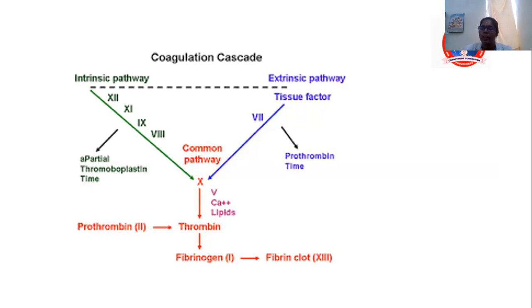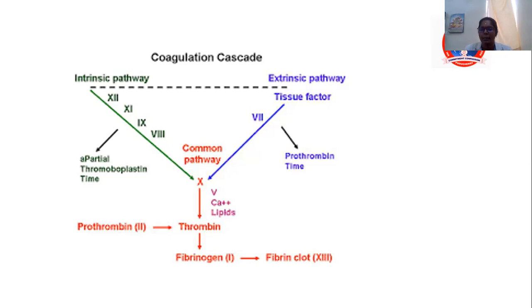In the coagulation cascade pathway, we usually have the extrinsic pathway and the intrinsic pathway. The extrinsic pathway is activated by tissue factor, which activates factor 7, and after factor 7 is activated, it will activate factor 10.